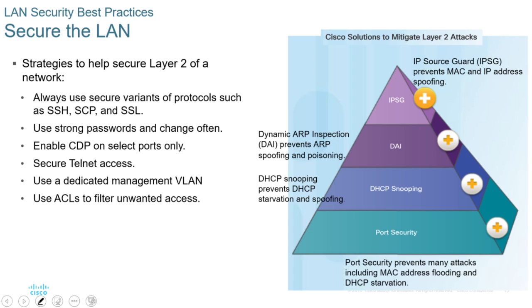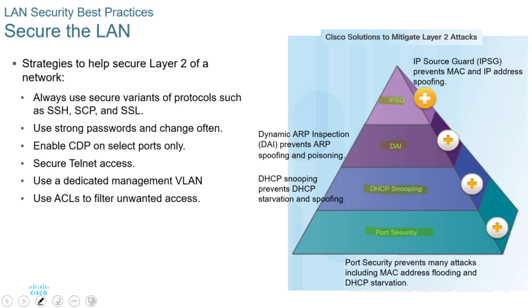So overall, when we talk about security and securing LANs, it is not a single approach. It has to be a combination of multiple approaches. We could start with the low-level port security methods, then DHCP snooping type approaches, then dynamic ARP inspection.